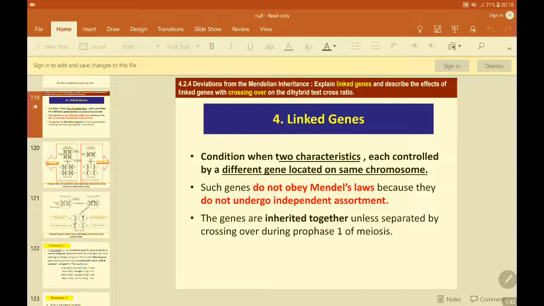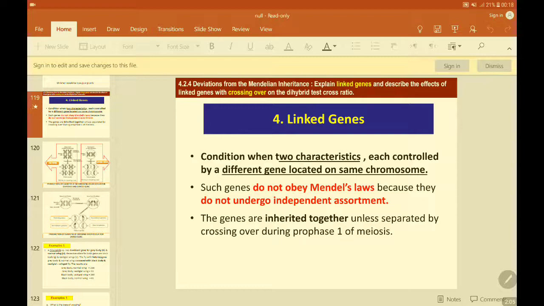It's quite similar to our dihybrid cross, because a dihybrid cross also controls two characteristics by two different genes, but the difference is that dihybrid genes are located on different chromosomes. For linked genes, they are located on the same chromosome.